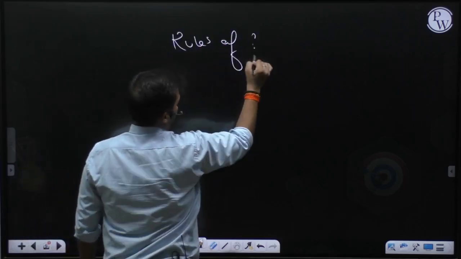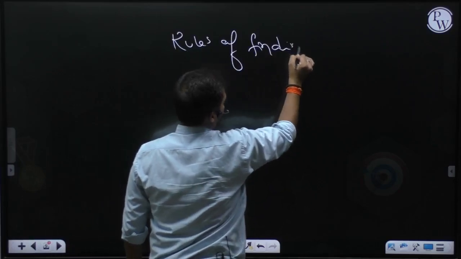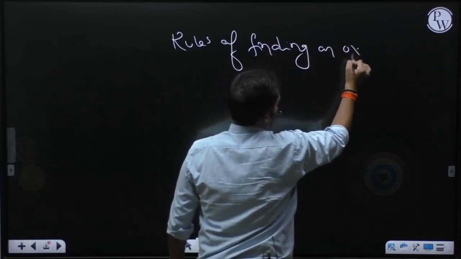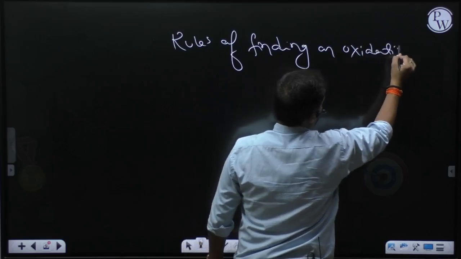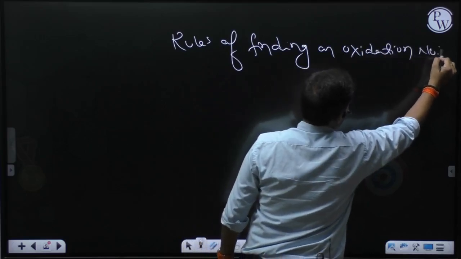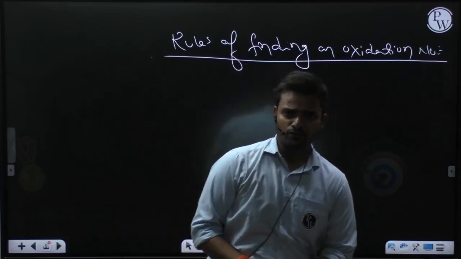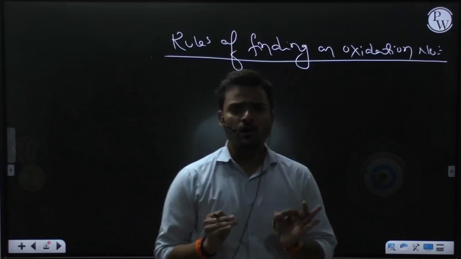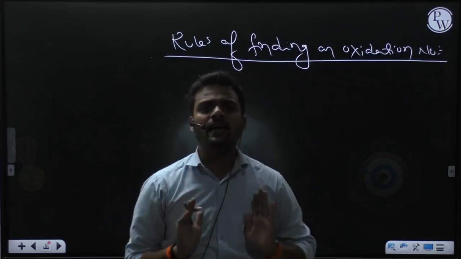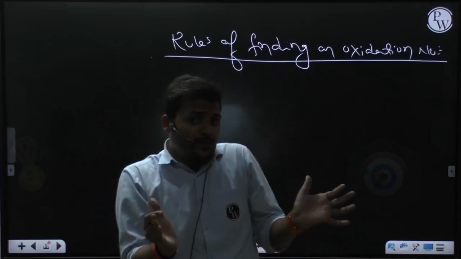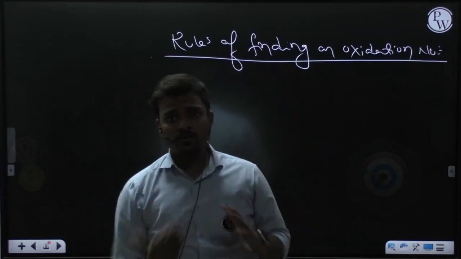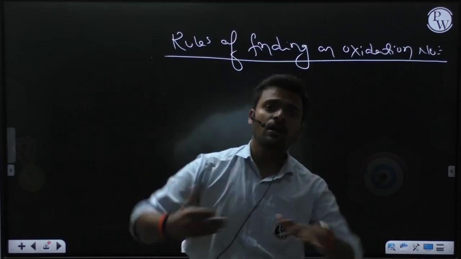Rules for finding an oxidation number. The very first rule is: the oxidation number of hydrogen is usually taken as +1, but if it is present in hydride form, then the oxidation state of hydrogen is taken as -1.